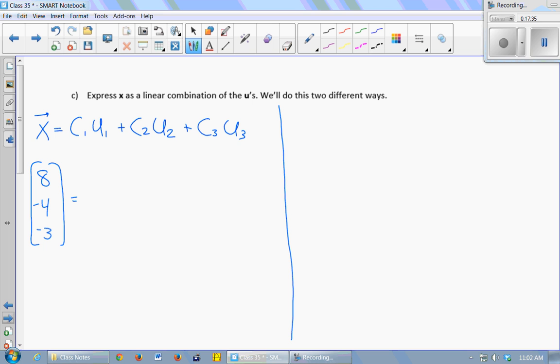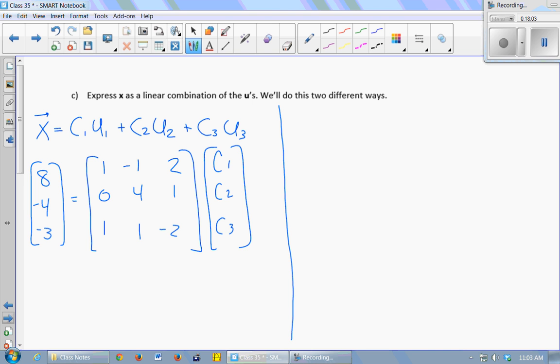And then I put my u's all in a matrix. So I've got 1, 0, 1, -1, 4, 1, 2, 1, -2. Those are my u1, u2, and u3, times a vector of unknown weights.